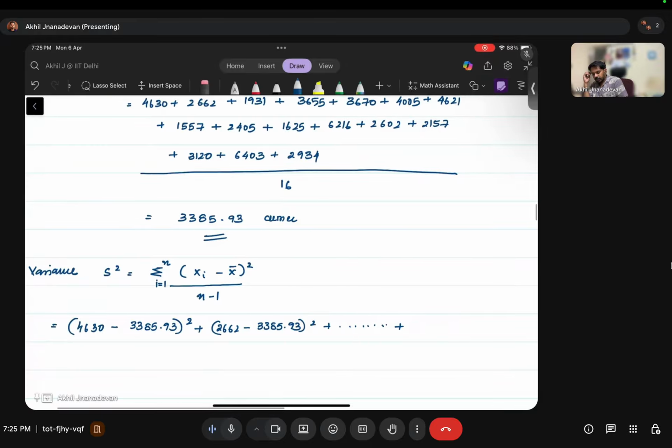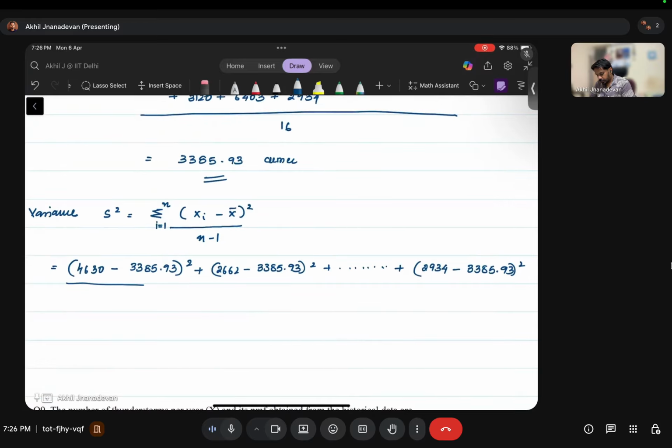Finally, we'll be having 2934 minus 3385.93 all square. This would be our numerator, and we'll be dividing all of that by n minus 1, that is 16 minus 1, that is 15.